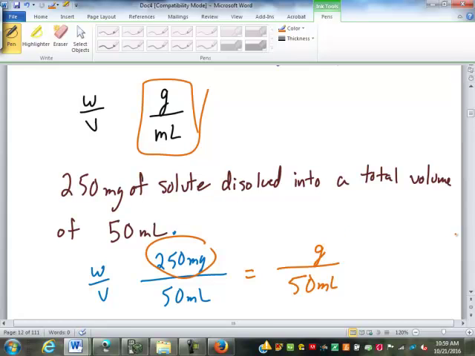Now again, grams are larger than milligrams, so the number is going to get smaller. A milligram is 1,000th of a gram. So again, we're moving it 3 decimal places, dividing by 1,000. So 250 milligrams is 0.25 grams.